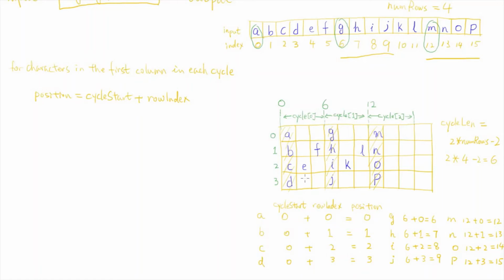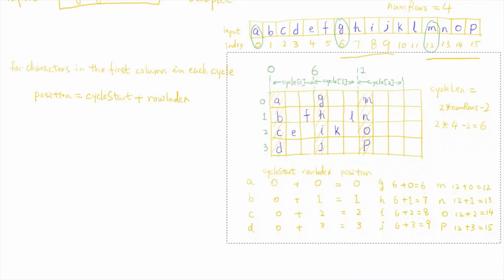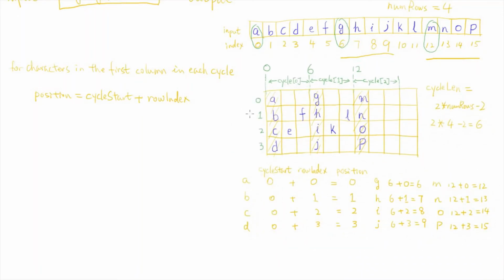Now let's examine the rest of the characters in each cycle. For the rows which are not at the top or the bottom, it is possible that there is a second character in the cycle. For example, the character E at row 2 and the cycle starts at 0. And also the character K in the cycle that starts at 6.